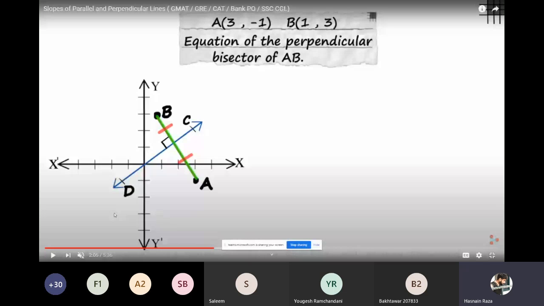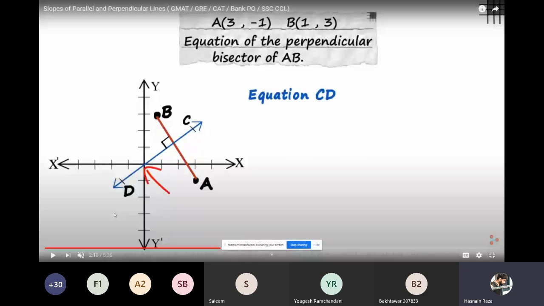That's why this blue colored line is the bisector of line AB, and because it is making 90 degrees with the green line, or with the line AB, that's why it is also the perpendicular. तो at a time ये दो काम कर रही है. पहला काम क्या किया इसने? Perpendicularly fall किया. Second thing is bisect किया, half किया. That's why we have to find the equation.